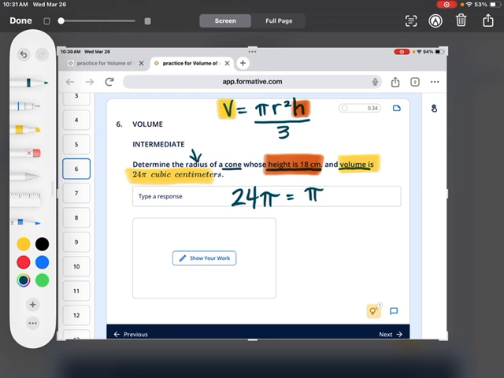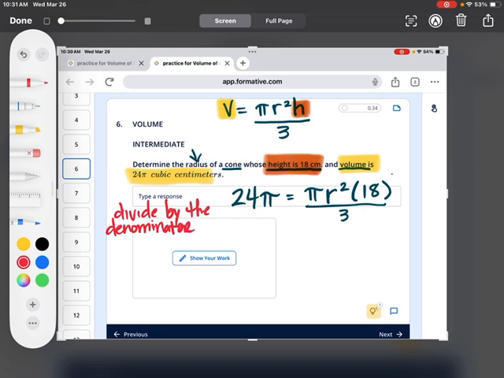That's the units. On the other side, I have pi r squared. I don't know what the radius is, so I'll leave it as a variable, r. I'll plug in 18 for the height because that's given, and then I will divide by 3 because that is the formula. All right, and then one thing we can clean up right here is we always divide by the denominator. The denominator is the only number that we divide by in the volume formula.